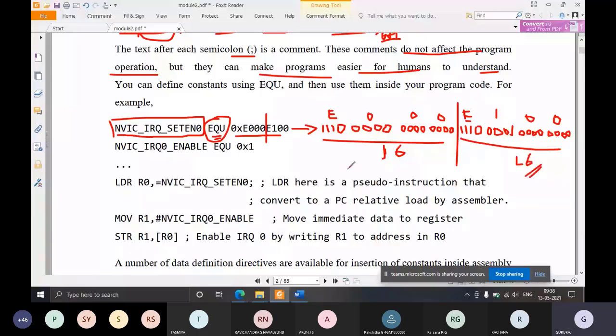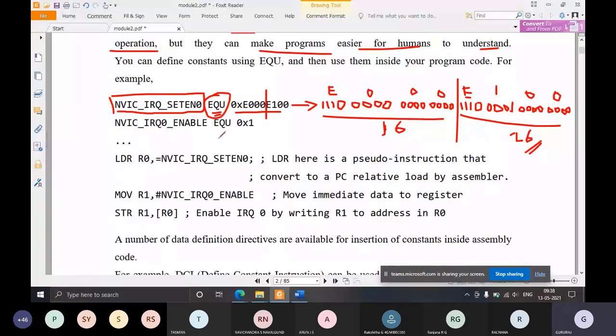So this is very important from now onwards because we will talk about hexadecimal values and how to represent them. You should know. I will not repeat this time and again. Fine. So totally, it's a 32-bit value. Next, again you are equating some variable or constant NVIC_IRQ0_enable, and this will be equal to 0x1.